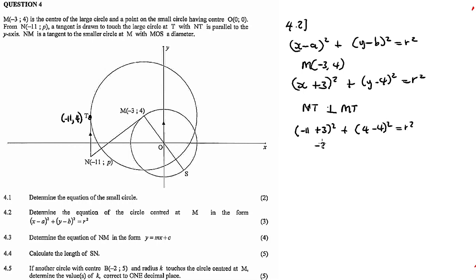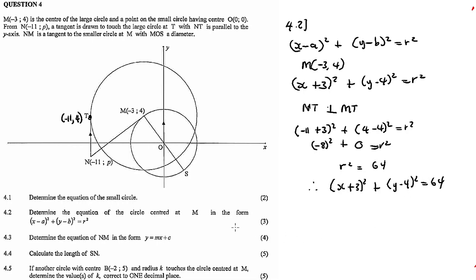You get minus 8 squared, and 0, so r squared is equal to 64. So the equation is (x plus 3) squared plus (y minus 4) squared equals 64, with the center substituted. This is the equation for the big circle.